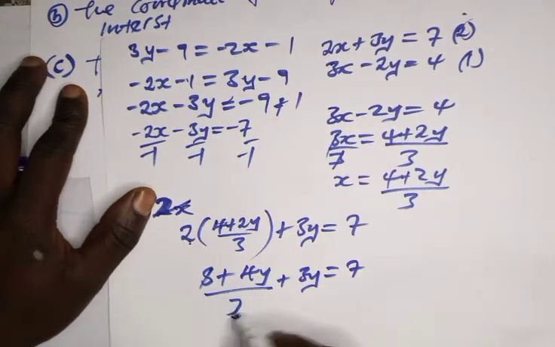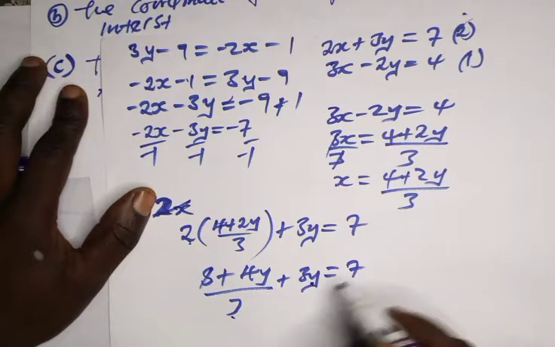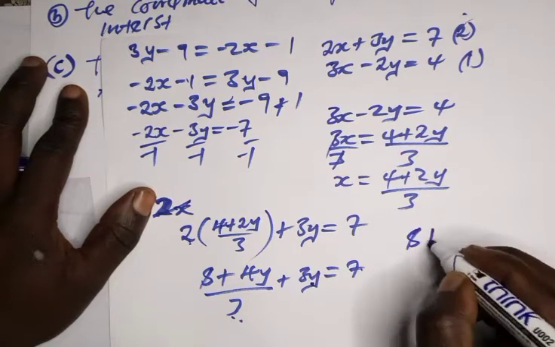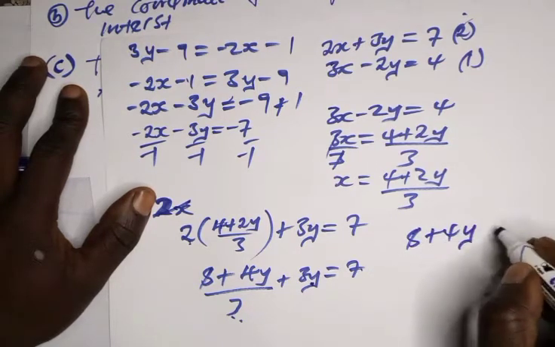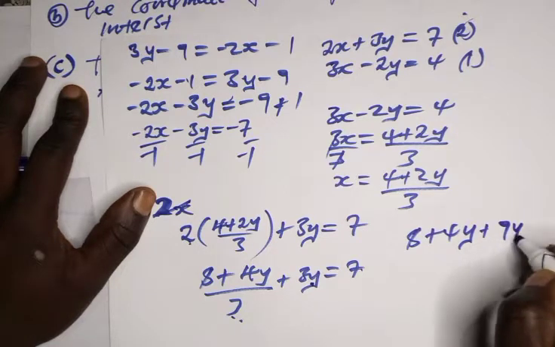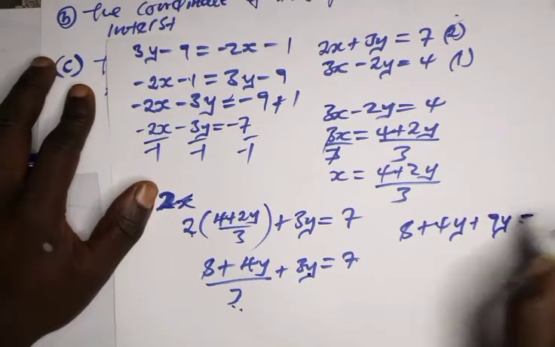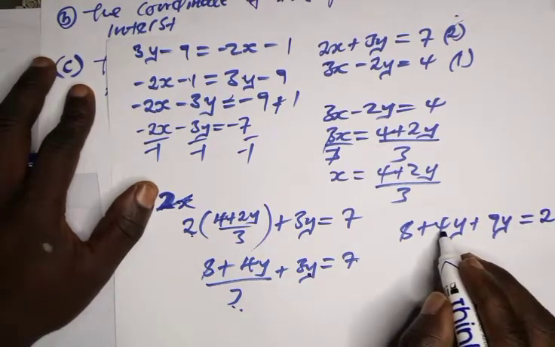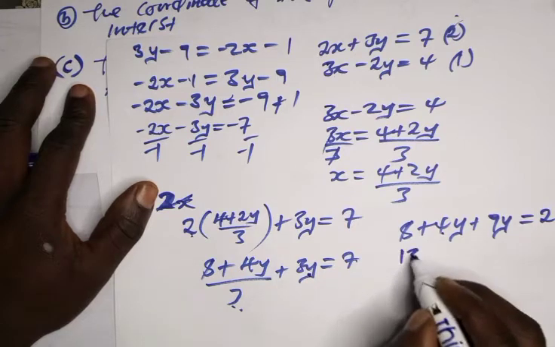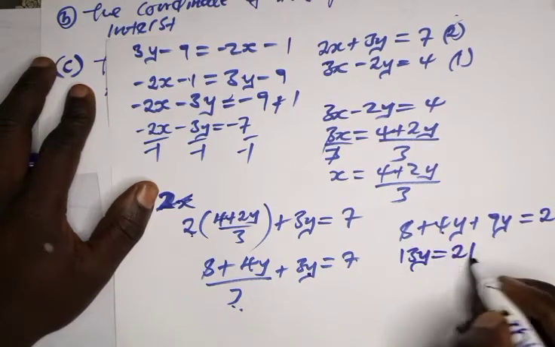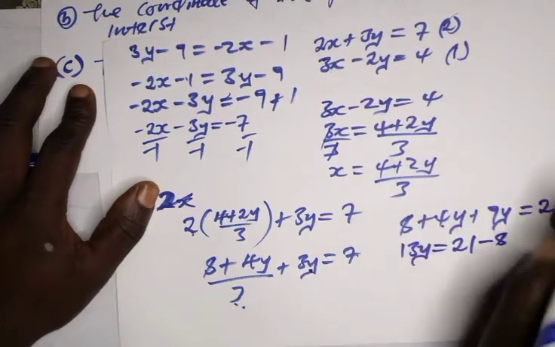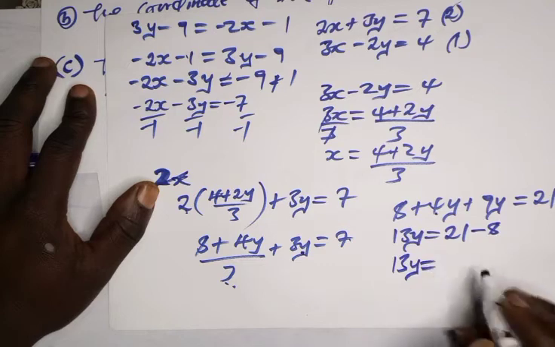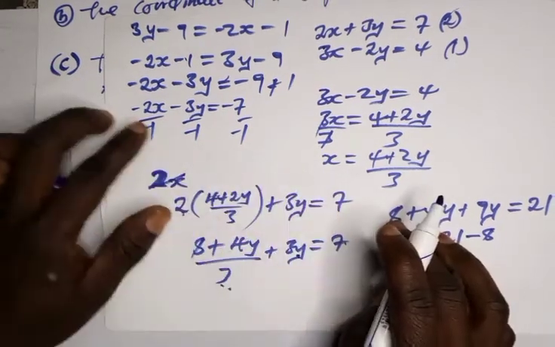Then here, multiply 3 times 3, which is 9, then 3 times 7, which is 21. So we are going to have 8 plus 4y plus 9y equals 3 times 7, which is 21. Then 4y plus 9y, which is 13y, equals 21 minus 8. When 8 crosses the equal sign, it will be minus. So 13y equals 13, so y equals 1.